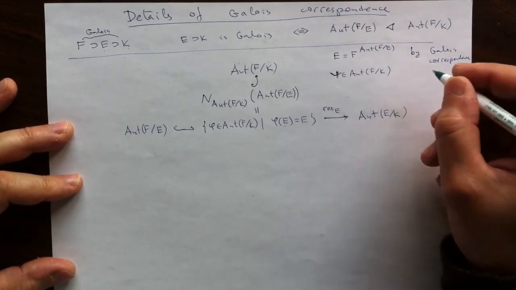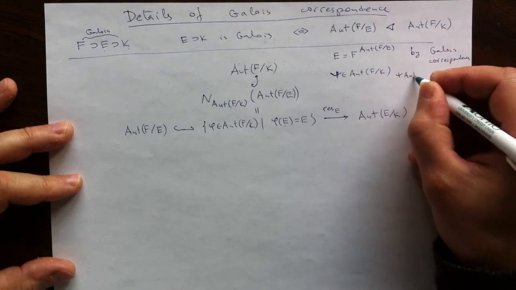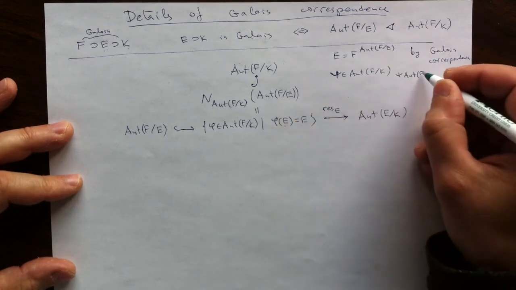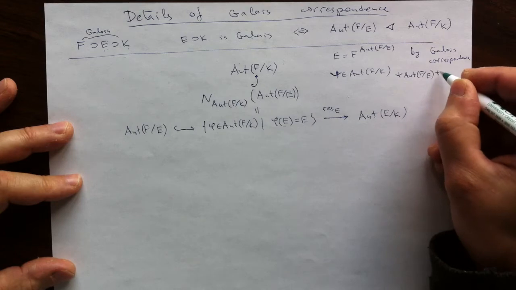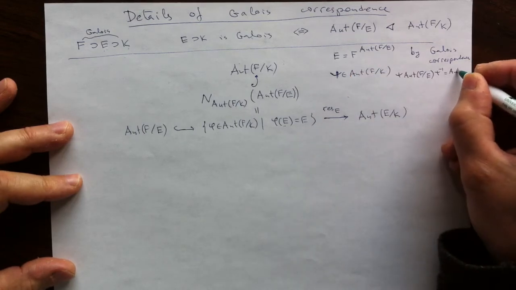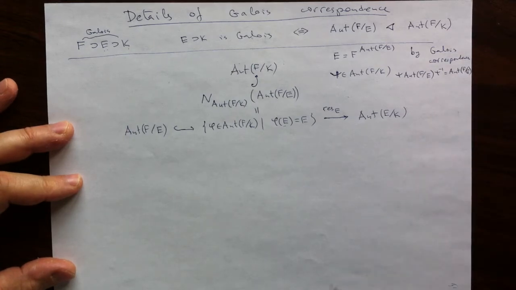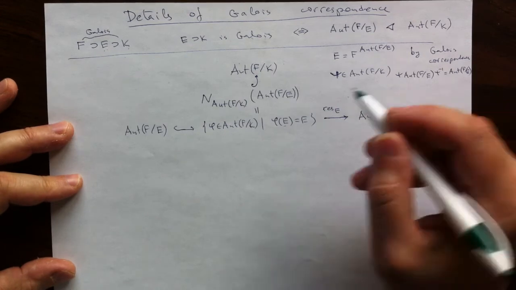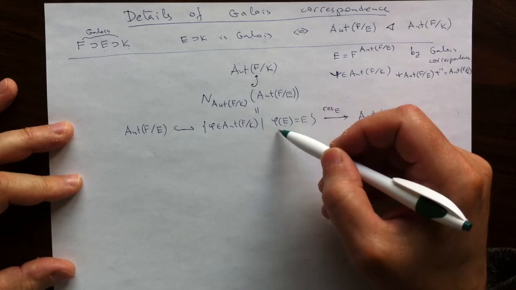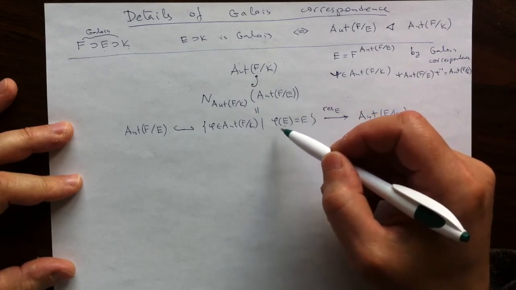What it is to be in the normalizer is to not change the subgroup of symmetries of F over E under conjugation. So this conjugate with our chosen psi has to be just the subgroup we start with. That is just being in the normalizer. And we want to argue that our psi has to be in here.